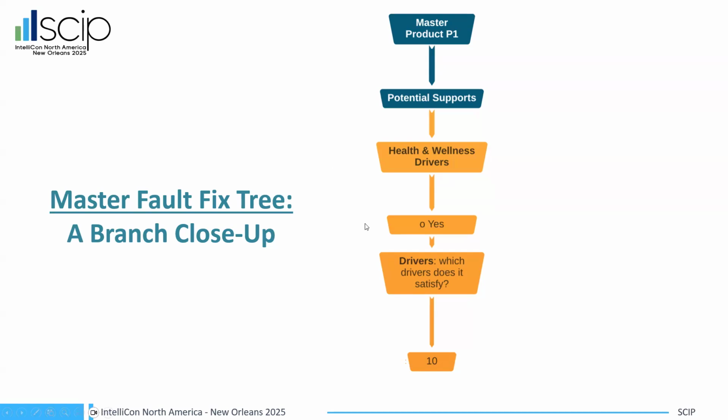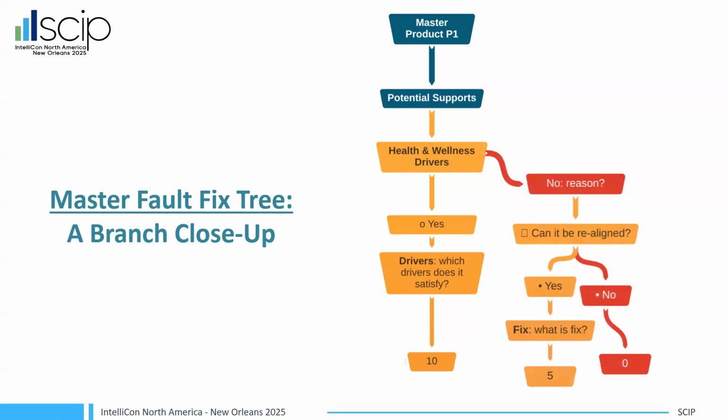In a normal fault tree, it would say yes or no, and then you would explain what the drivers are, why it says yes, and it would get a score of points. There is no way in a normal fault tree to then actually correct it. So we added the second branch, which is the fix, which is why we call them fault fix trees.